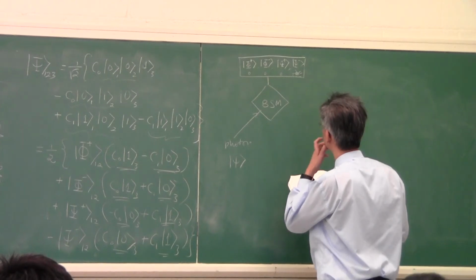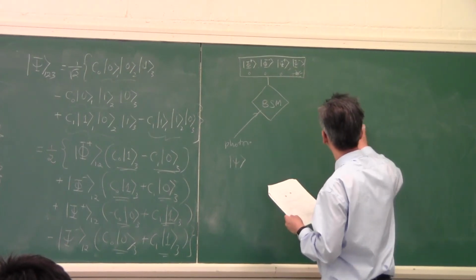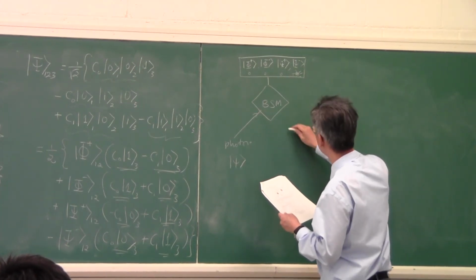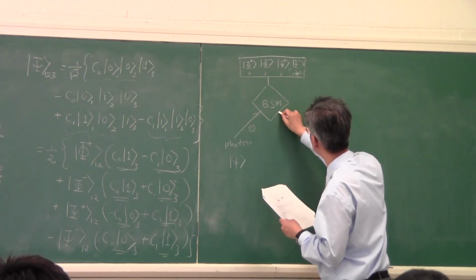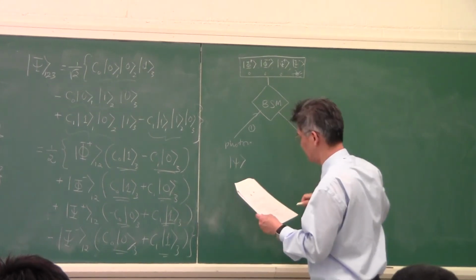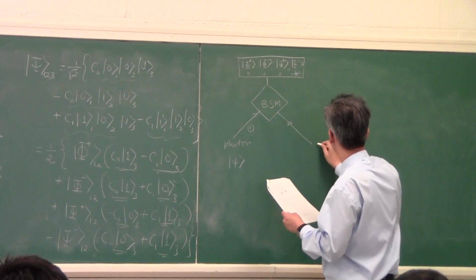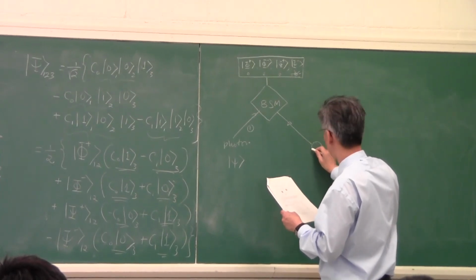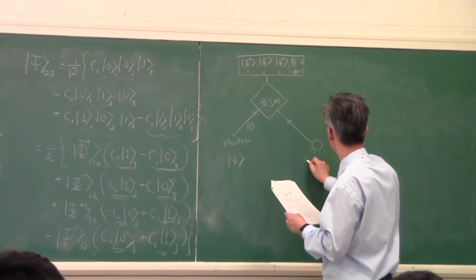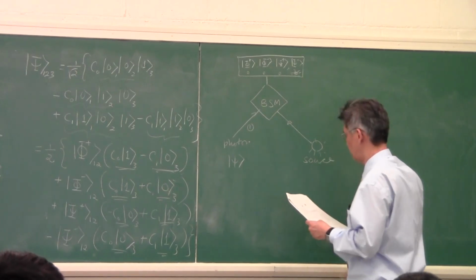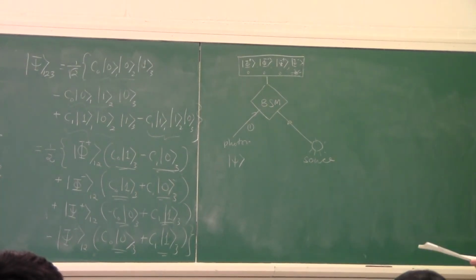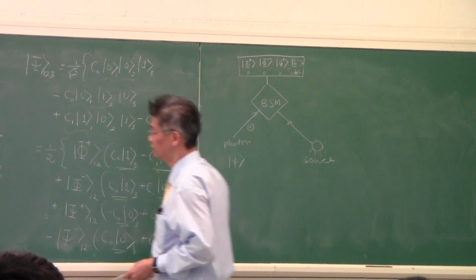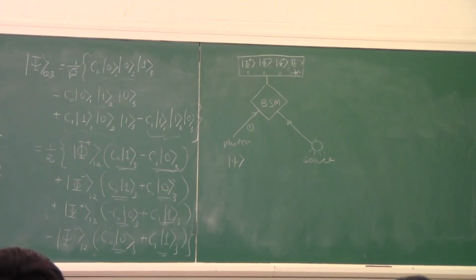So then what happens is that you actually need another photon coming into this Bell state machine to create all this. You actually need a source that can create photon 2 and photon 3 in the entangled state. Photon 2 and photon 3 are entangled.